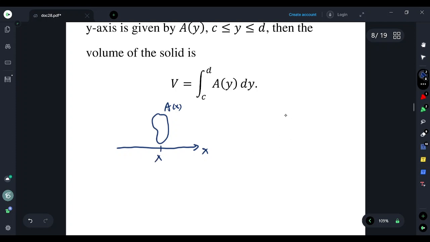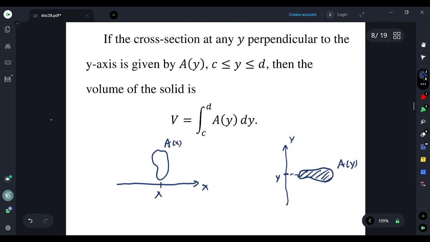But suppose now that we take cross-sections along the y-axis at any number y and calculate the cross-section to have area A(y) instead of A(x).